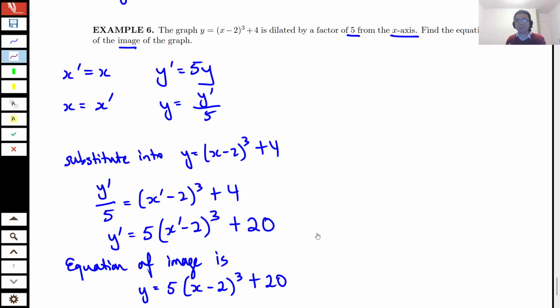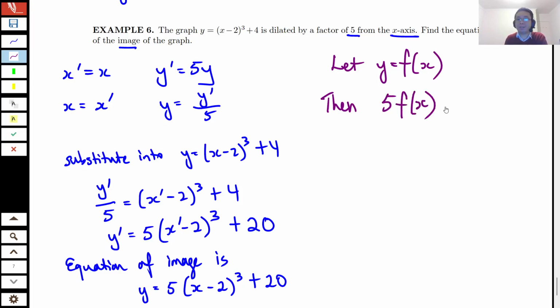All right, so that's the method of images, or using mapping notation. Now let's solve this question again using function notation. So if my function is f of x, a dilation by a factor of 5 from the x-axis is 5 times f of x. So that means I multiply everything by 5.